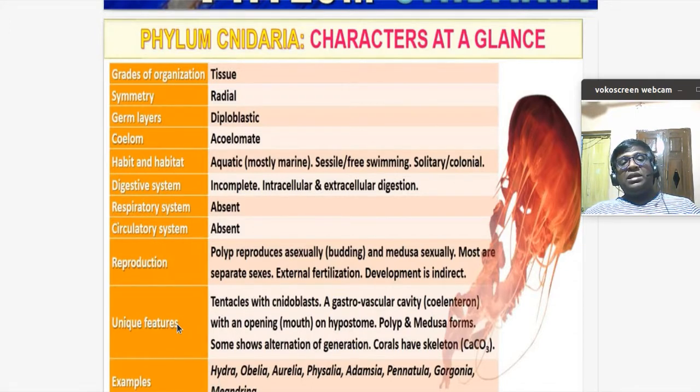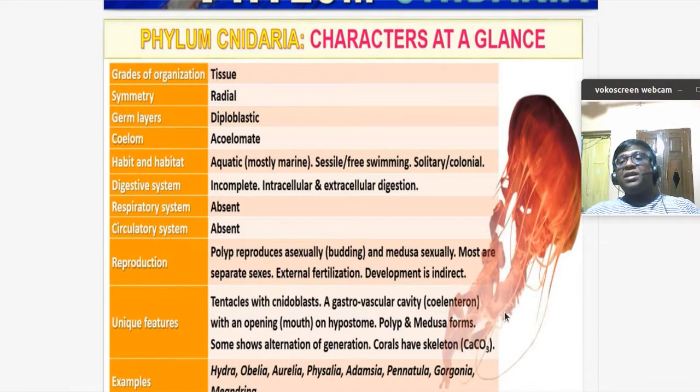So the unique features of this phylum Cnidaria or Coelenterata are that they have tentacles with cnidoblasts. So tentacles are having cnidoblasts, and they have nematocysts there. A gastrovascular cavity is found within the organism, which we call the coelenteron.